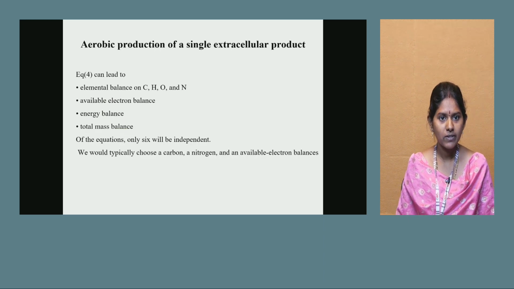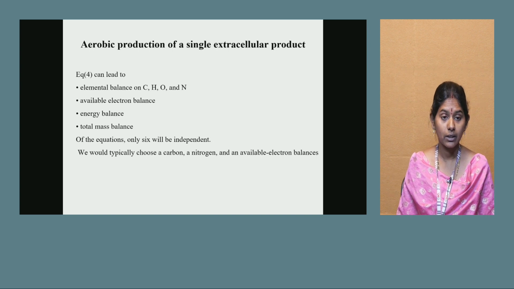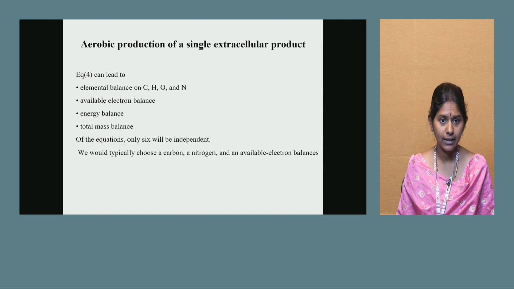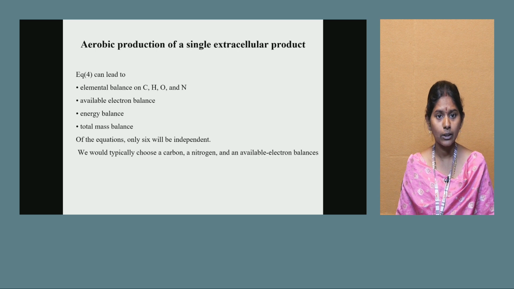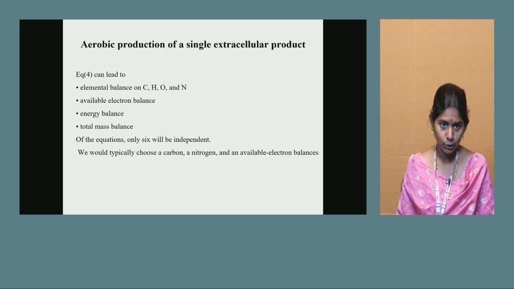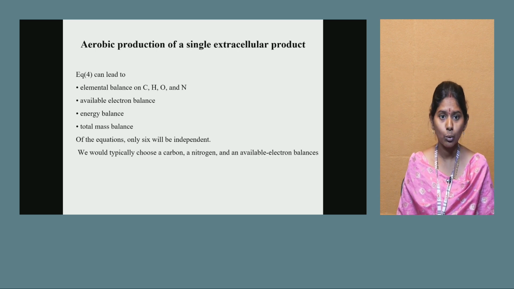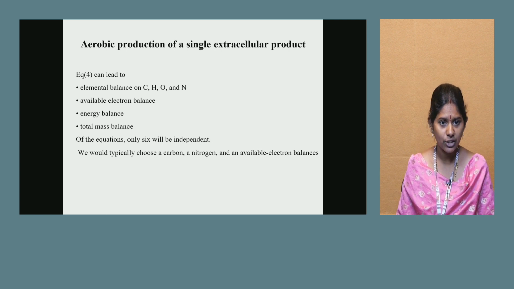Based on the previous equation, using this degree of reduction, we can easily balance the elements within the biological equation, and also we can calculate the available number of electrons, as well as balance those electrons also. As a result, we can balance the total energy generated as well as the total mass.